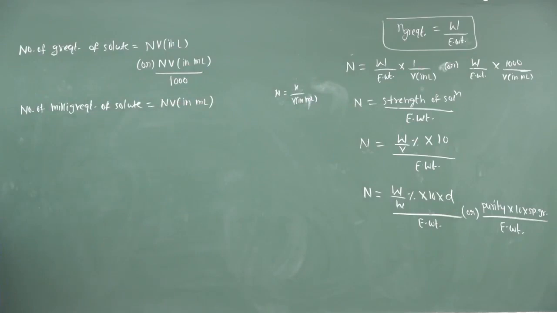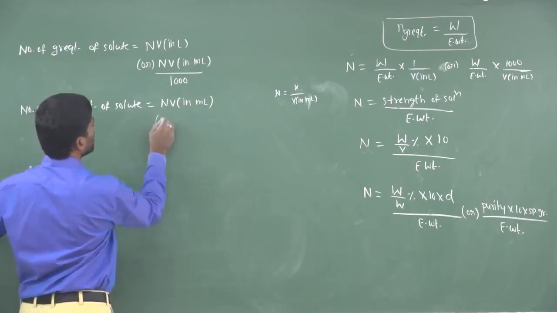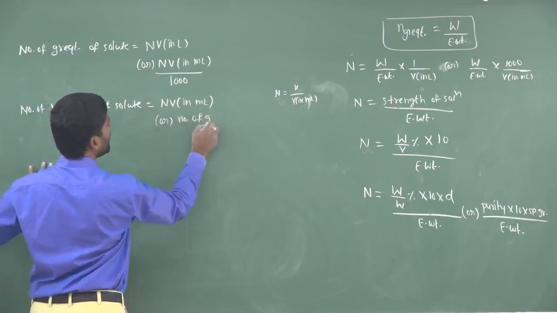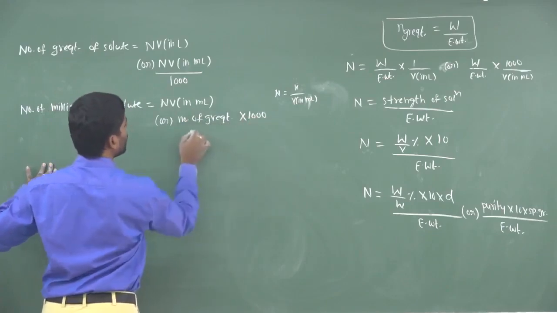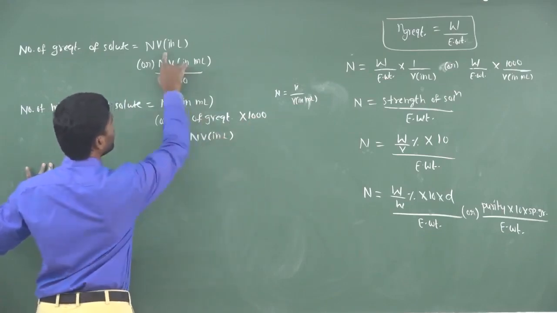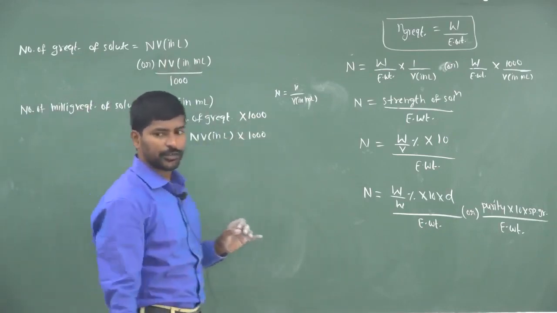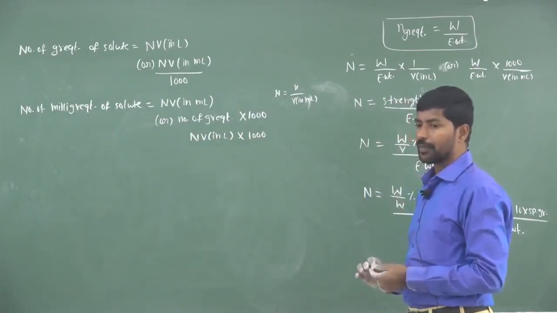This is the number of milligram equivalents of solute. Or we can write it as number of gram equivalents into 1000. That means N into V in liters into 1000 gives the number of milligram equivalents of solute.